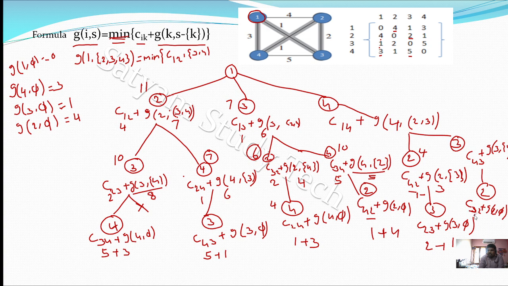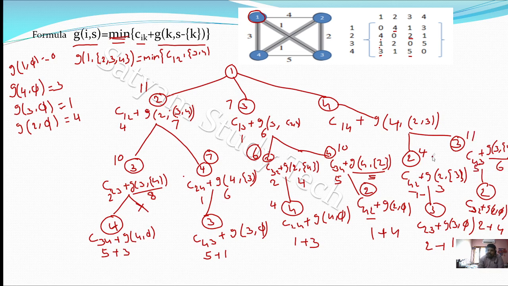Here you can see C of 3 2, the 3 2 value is 2. It is 2 plus G of 2 5, the 2 5 value is 4. It is 6. Okay, this value is 6. So C of 4 3. What is the C of 4 3 value? The 4 3 value is 5. Here it is 5. 5 plus 6, that is 11.